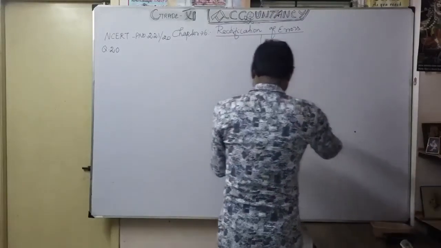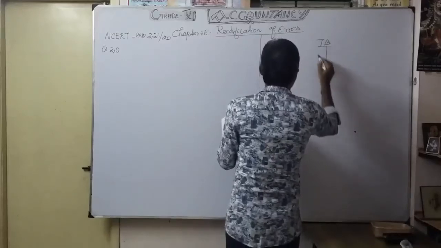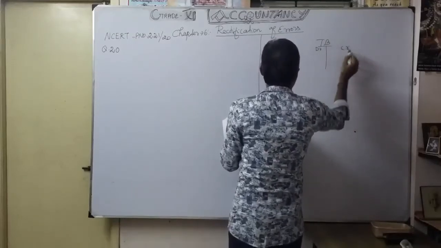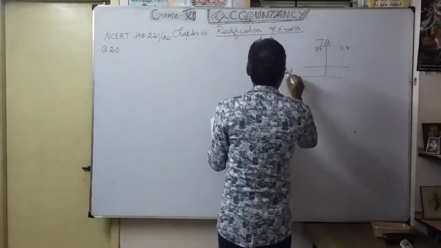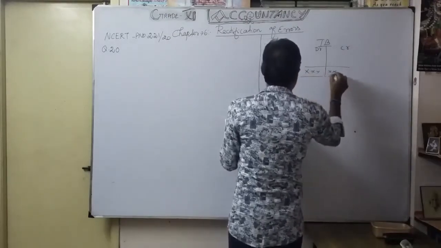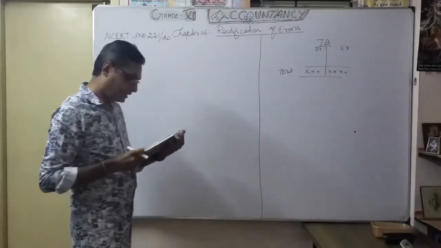When you open the trial balance, as we know, there is a debit side and a credit side, and the totals should be equal. They said very clearly that there is excess debit.